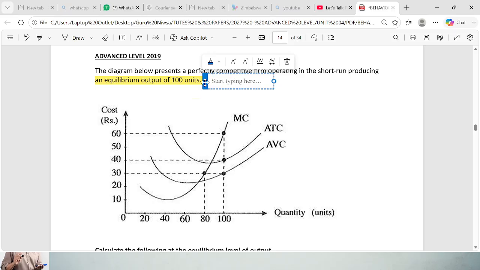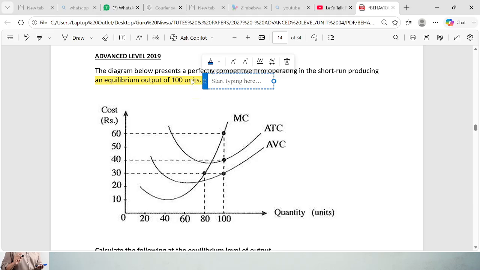Firm's equilibrium means where the firm maximizes its profit. When the firm maximizes its profit, that is called short run equilibrium, or the perfectly competitive firm's equilibrium. Did you get what I said?